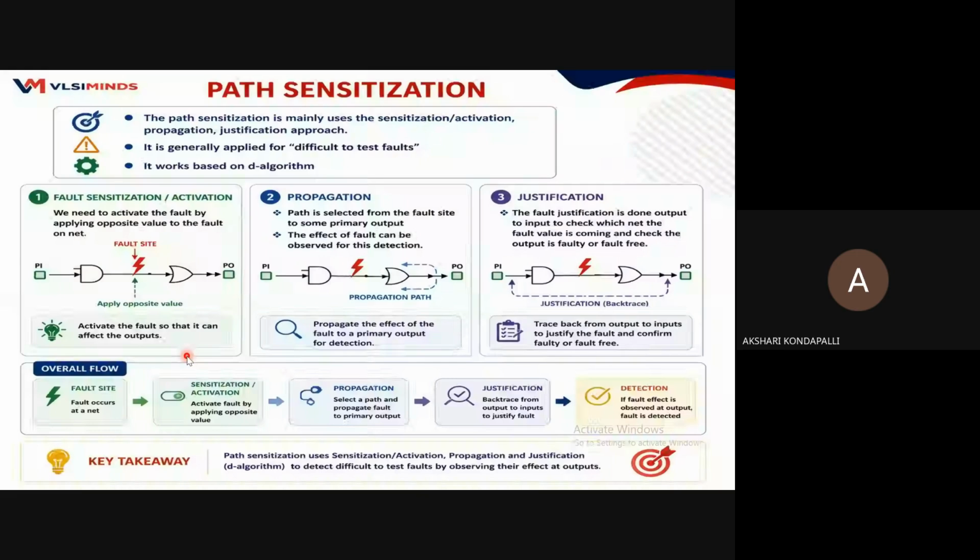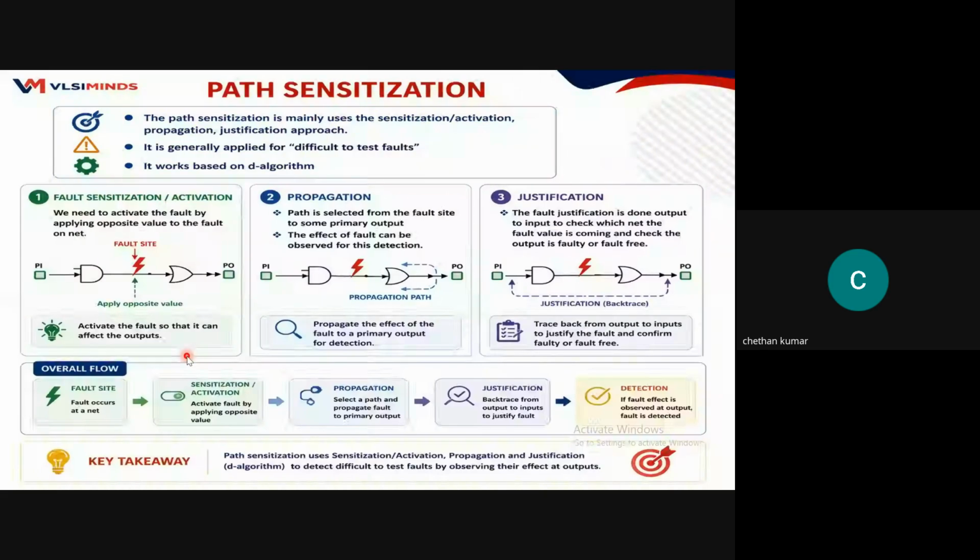Yes, because in random pattern generation we are not going one by one. The patterns are generated randomly, so it may target all the faults in the design or may not.